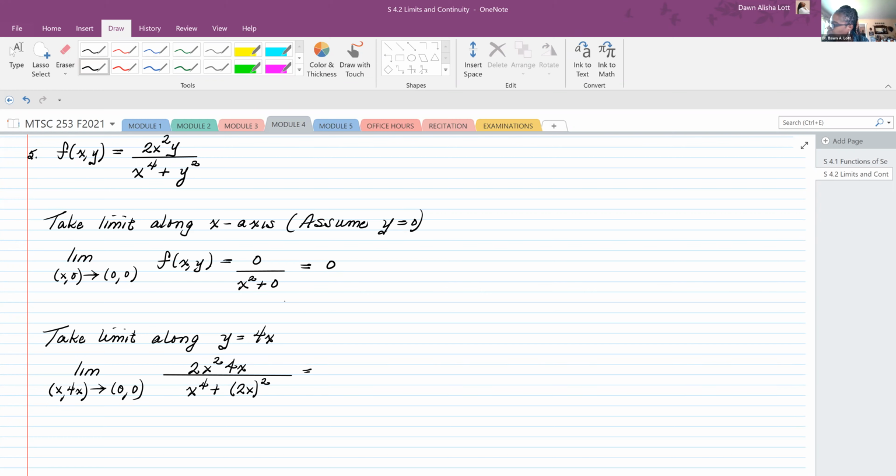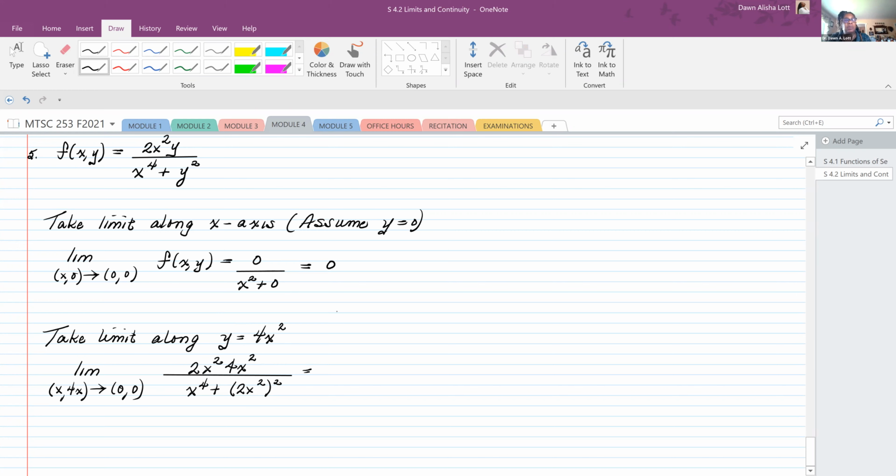Oh, I think I'm wrong. I want kx squared, so I want this to be a squared, and then I want this to be a squared. So now they're all the same power.